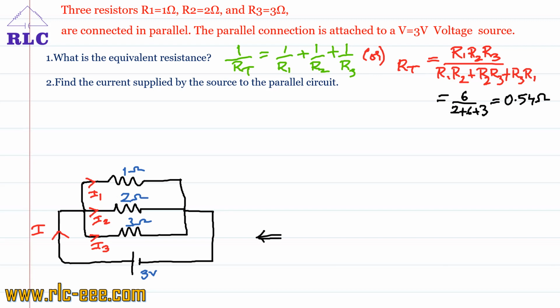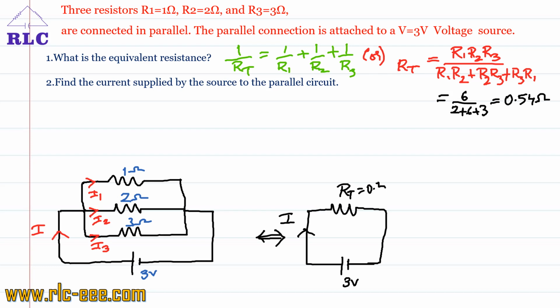Next, find the current supplied by the source to the parallel circuit. Before that, we need to draw the equivalent circuit diagram. R total can be drawn with the 3 volts source, current I flowing, and R total, which we got as 0.54 ohms.